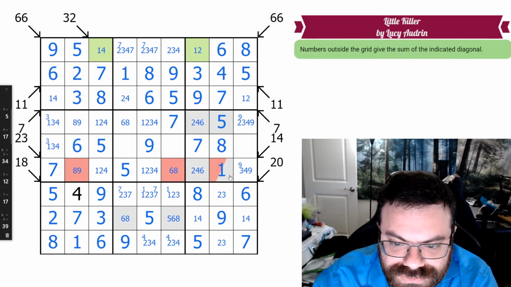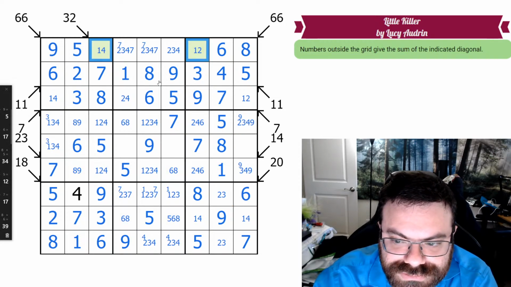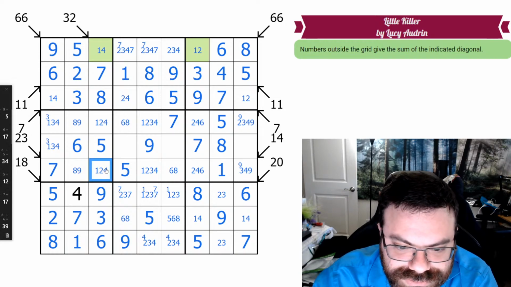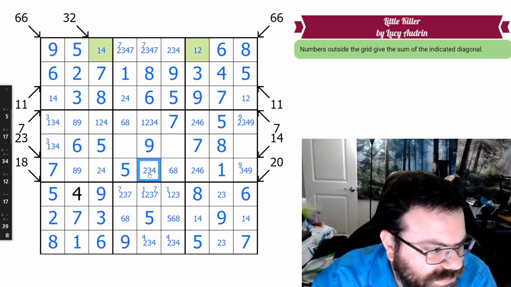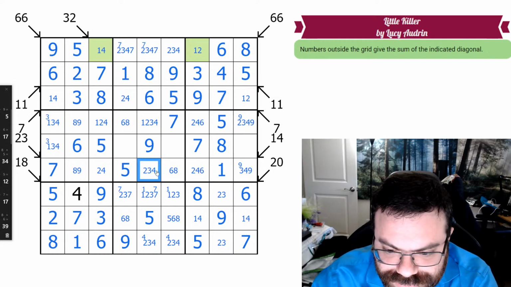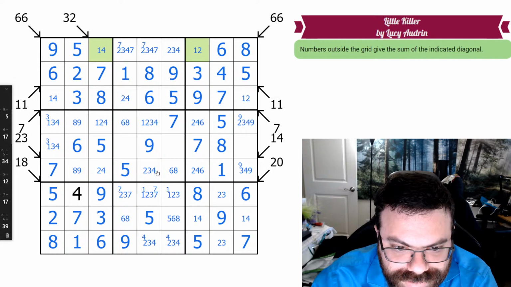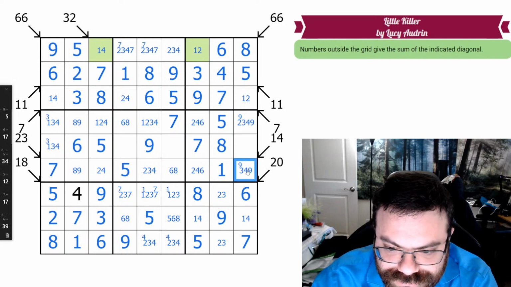I don't need any of that anymore. I don't need this highlighted anymore. Don't need these grays. Okay, so what's this do? These aren't 1. Did that get me anything else?